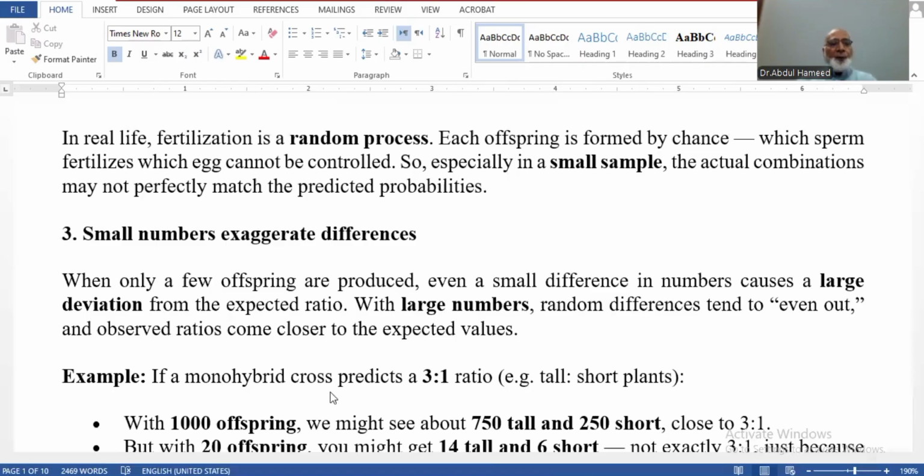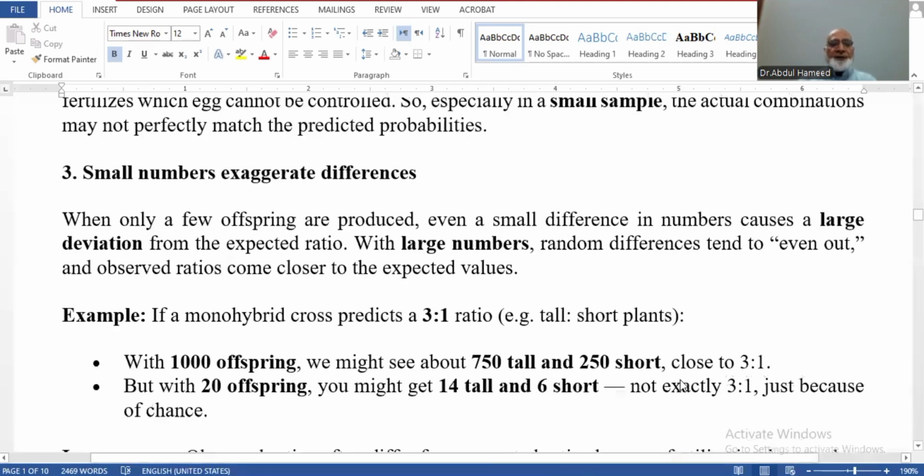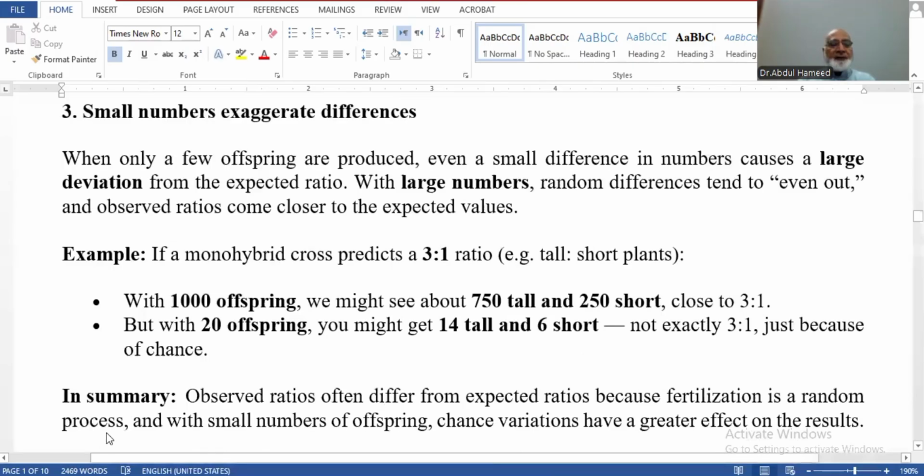For example, if a monohybrid cross predicts a 3:1 ratio of tall versus short, then with 1,000 offspring we might see about 750 tall and 250 short, close to 3:1. But with 20 offspring, you might get 14 tall and 6 short, so not exactly 3:1, just because of chance.